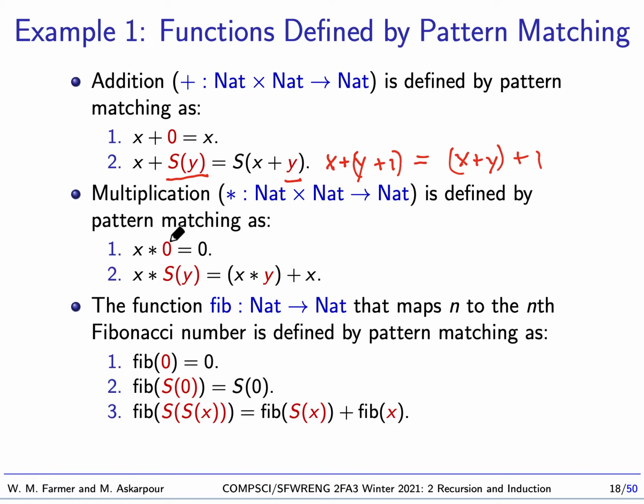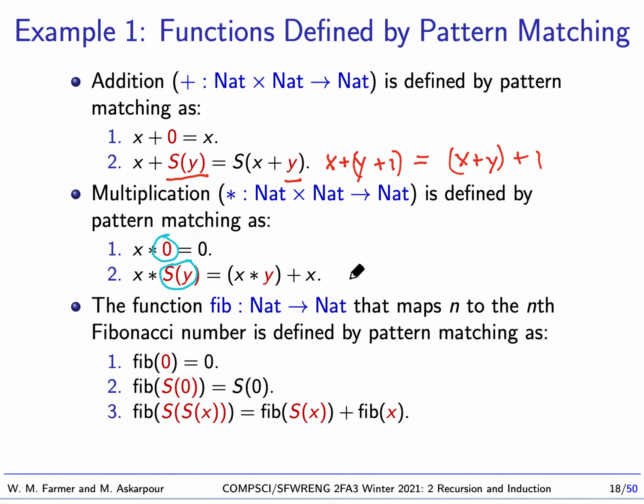So multiplication is similar. Let me change the color here. We have the same two patterns, and we have x times 0 equals 0, and x times the successor of y equals x times y plus x.